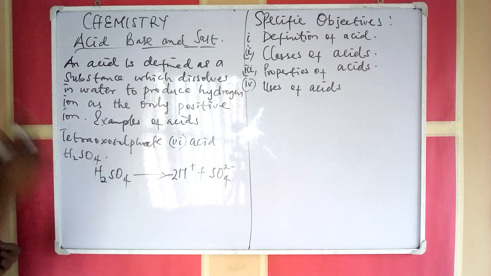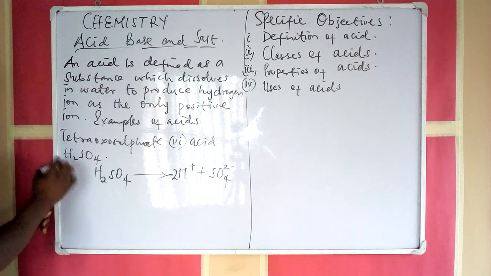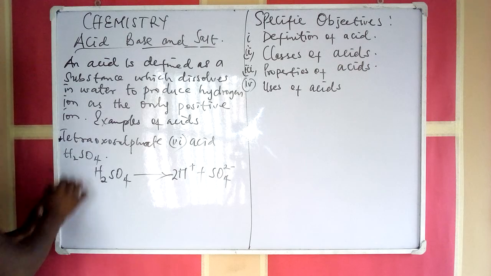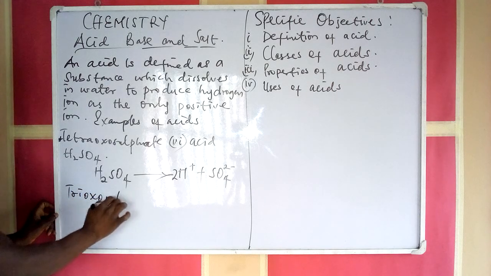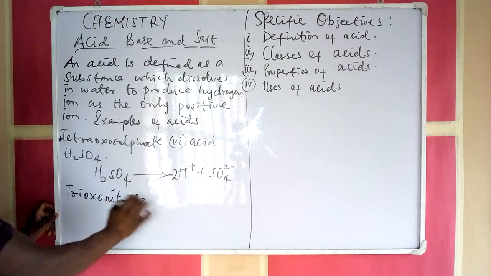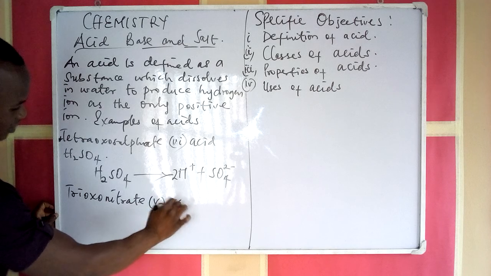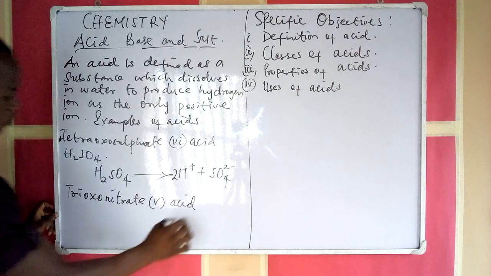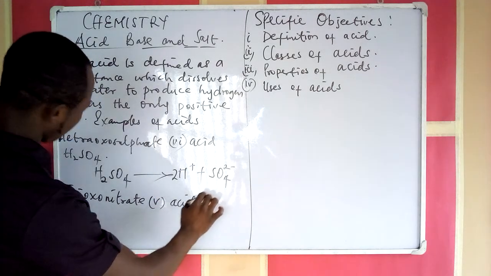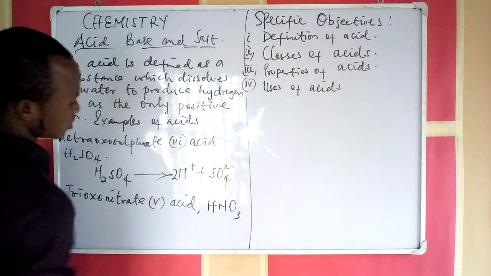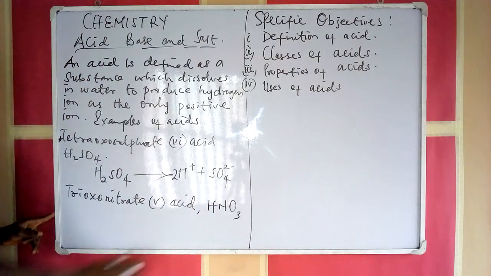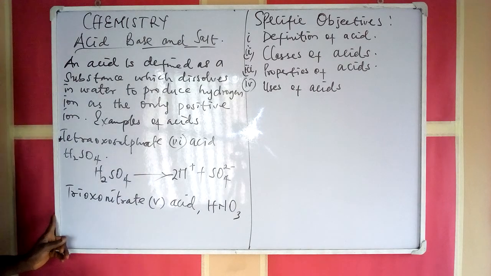Now, another example of an acid: trioxonitrate 5 acid, which is HNO3. Let us ionize HNO3.